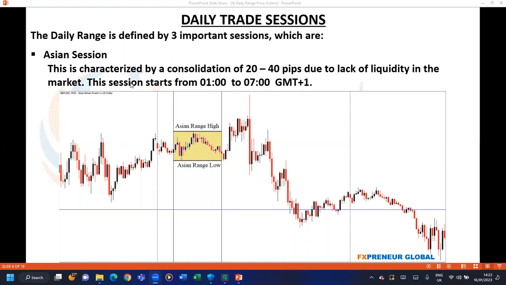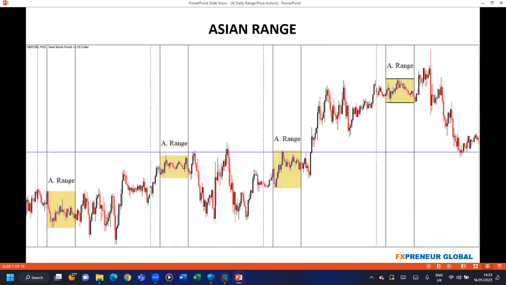For that reason, it comprises more of consolidation, and this consolidation is between 20 to 40 pips. Most times it could be higher, sometimes it could be less. The Asian range simply shows a period of consolidation in a day.